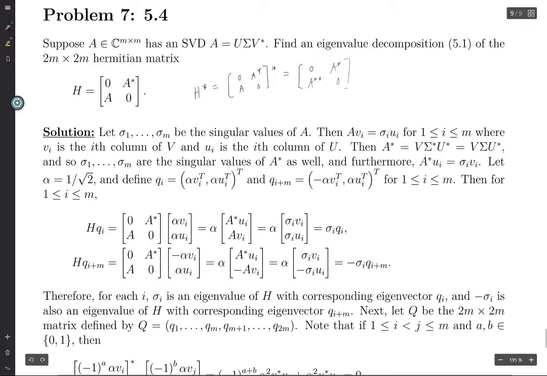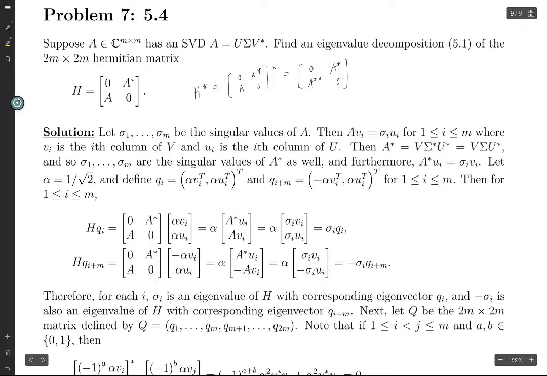Because when you take the transpose, you end up bringing the A star to the bottom left and taking the transpose of that, and you end up taking the A to the top right corner and take the transpose of that, and then you take the complex conjugate of everything, which will turn those transposes into stars.